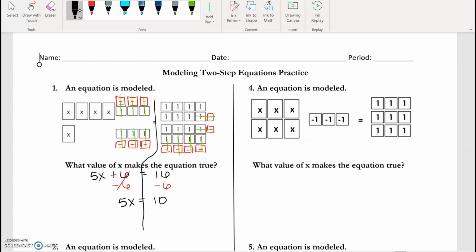So now I have 5 x's, so I'm going to see how many times I can count to 5. 1, 2, 3, 4, 5. 1, 2, 3, 4, 5. So I did it twice, so that means that each x is going to get 2. So I'm putting 2 into each x.